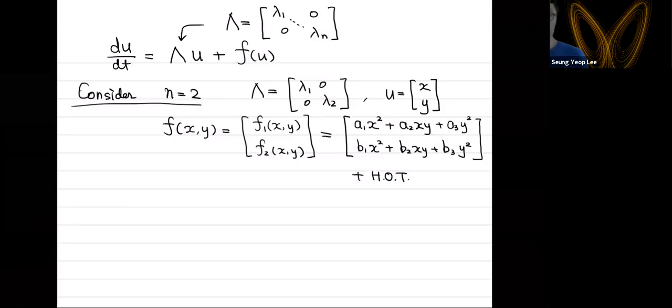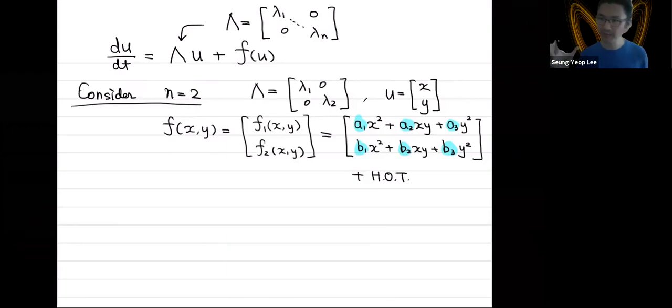When lambda 1 and lambda 2 are not exactly in the hyperbolic case, then the higher order terms matter. So there are six possible degrees of freedom where the higher order terms can matter. But there's a freedom of change of variable, and according to the change of variable, not all these six possibilities are different.